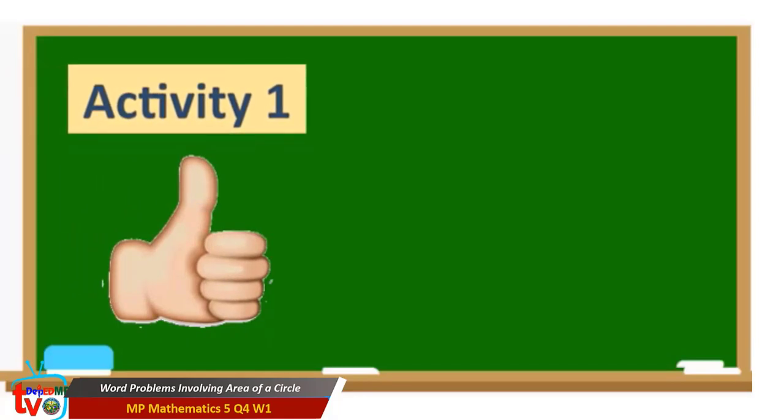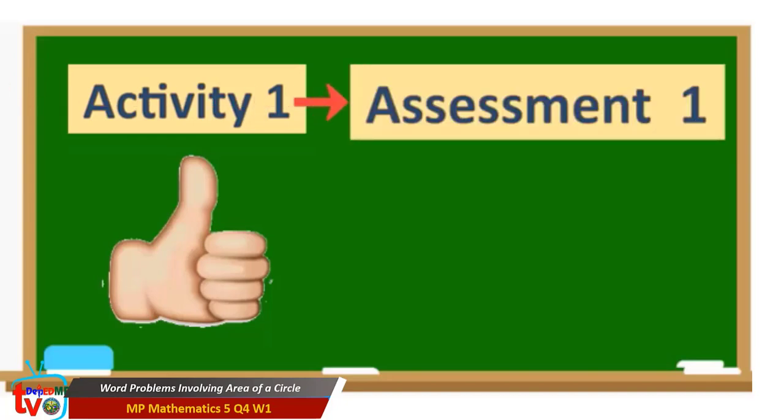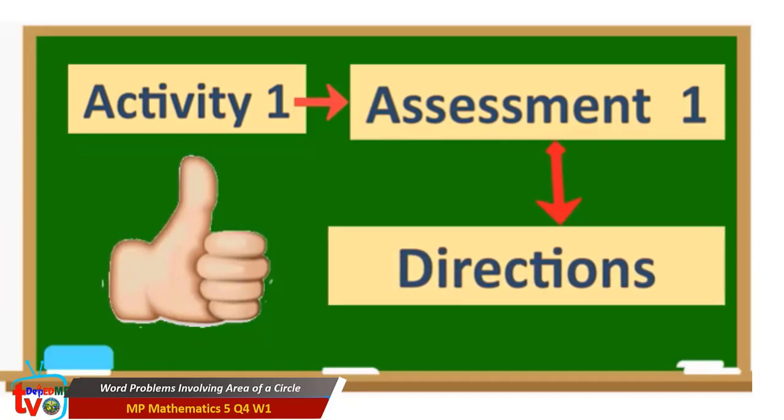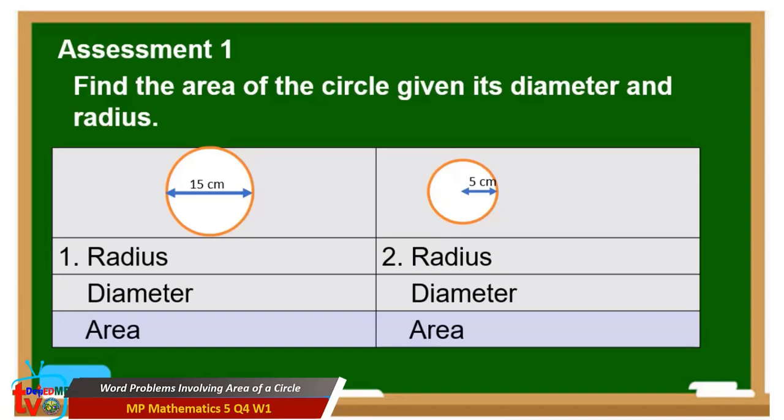Let us now proceed to assessment 1 on page 13 of your module. It has the following directions. Find the area of the circle given its diameter and radius. Write your answers on a separate sheet of paper. You may pause the video while answering and press play if you are done.